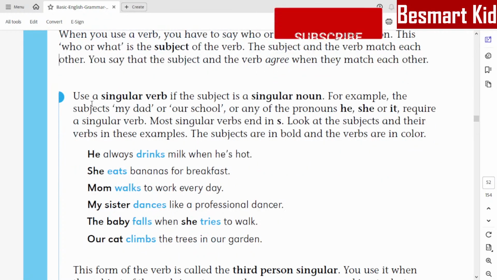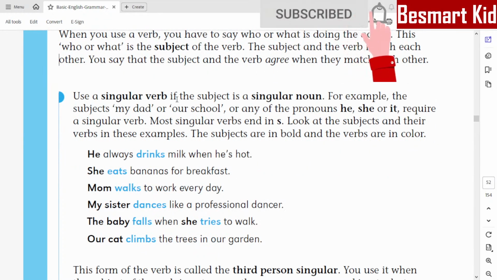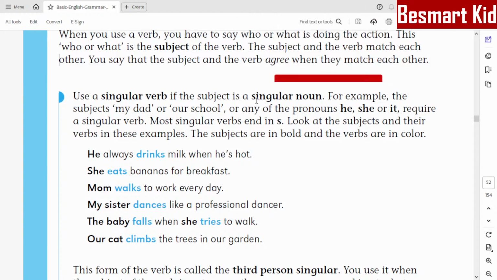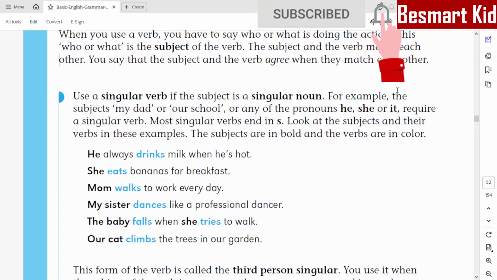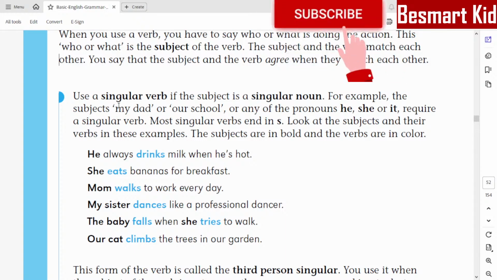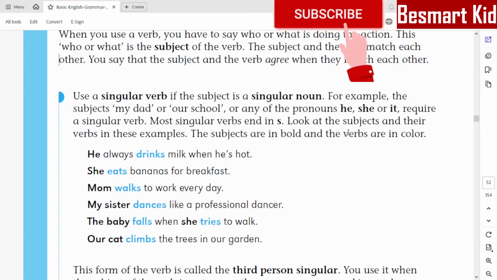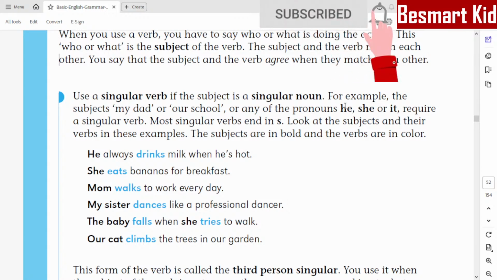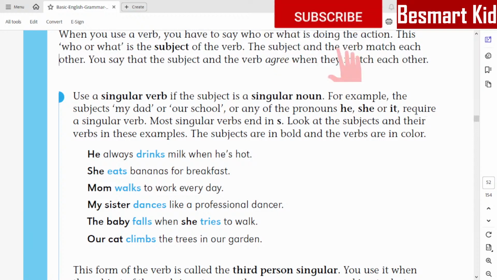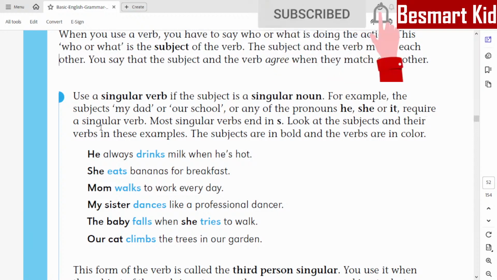Here we use a singular verb if the subject is a singular noun. For example, the subject my dad, or our school, or any of the pronouns he, she, or it require a singular verb.